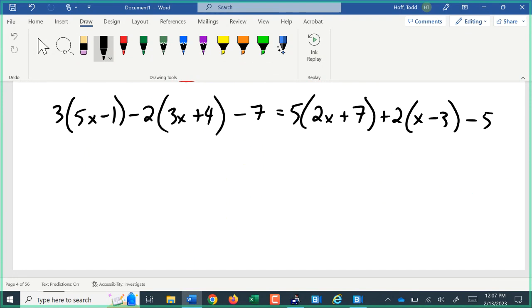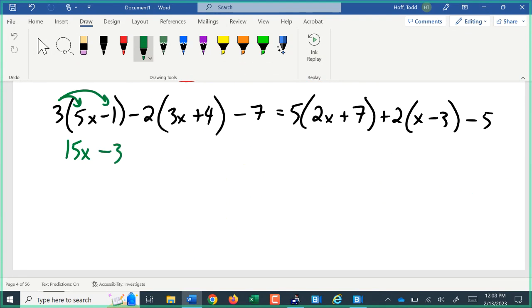Remember, step 1 is always to combine what we can on each side. So let's start on the left side and combine what we can there. So we have parentheses here. There's more than one parenthesis, so we're going to go left to right. Nothing to do inside this parentheses, so we're going to multiply by the 3. 3 times 5x is 15x. 3 times negative 1 is negative 3.